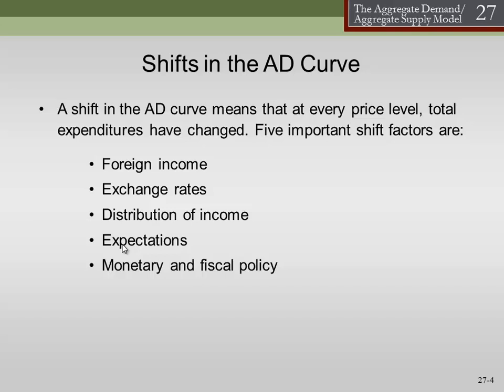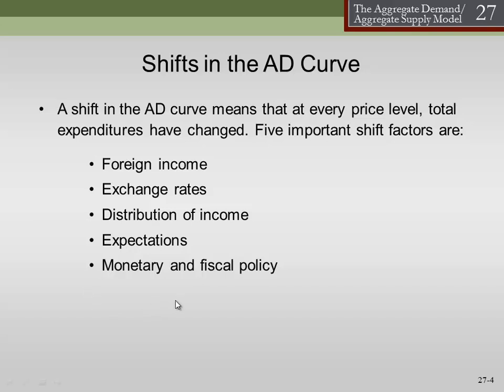The reason for that is that when we make our decision about whether or not to buy a car, we don't know what our actual income for the future is going to be. We don't know what is going to happen. Are we going to have a recession? Are we going to have an expansion? We don't know all of these macroeconomic indicators or variables. What do we know? We know what we expect to happen. And so what we expect to happen is what we have to base our decisions on.